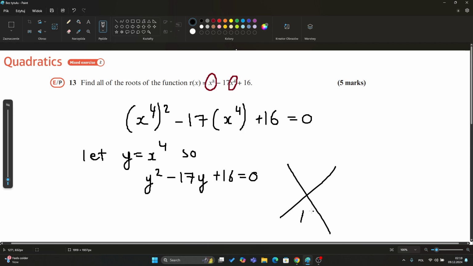We factorize it to get y minus 16, y minus 1 equal to 0.